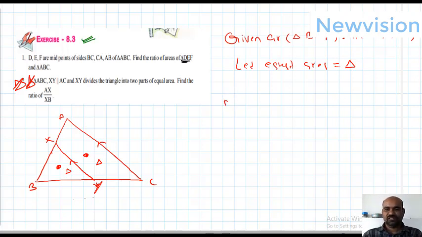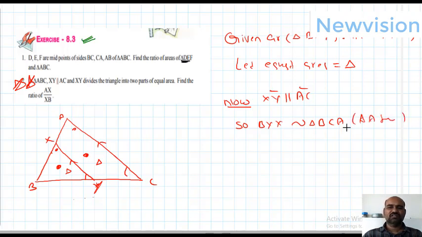Now, XY is parallel to AC, so directly I can say this smaller triangle is similar to the bigger one. Parallel, this angle equals this angle equals this, from AA similarity. So triangle BYX is similar to triangle BCA, AA similarity. The two triangles are similar, so the ratio of the areas is the ratio of the squares of their corresponding sides.